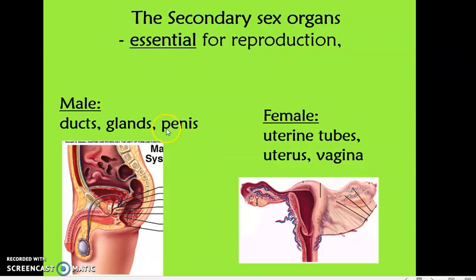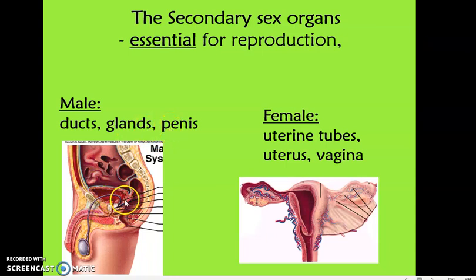For males, we will have ducts or tubes, and glands. The tubes are so that the sperm, and later the semen, can flow through. The glands add fluid around the sperm, making it the semen.